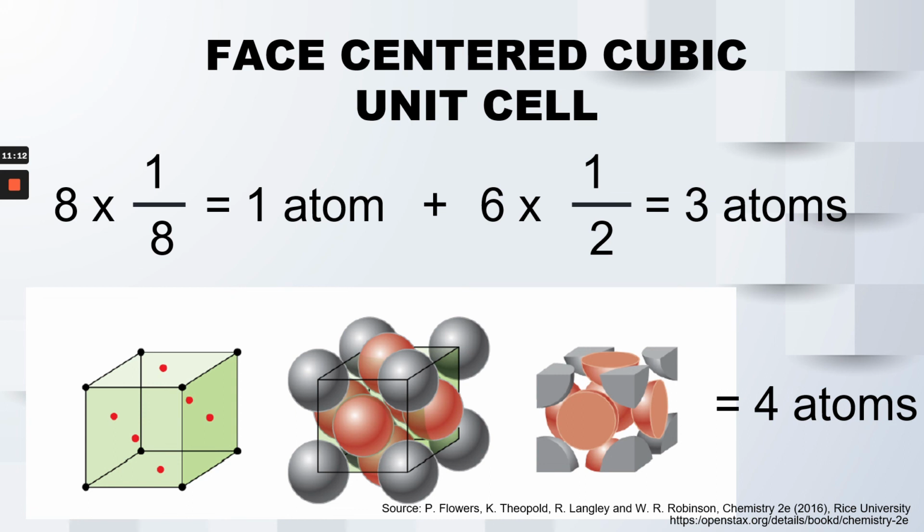Examples of face-centered cubic unit cell metals are aluminium, copper, and lead.